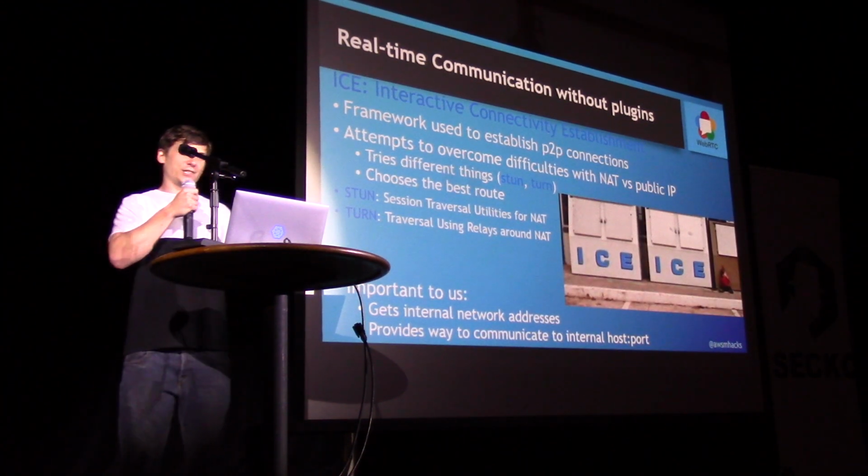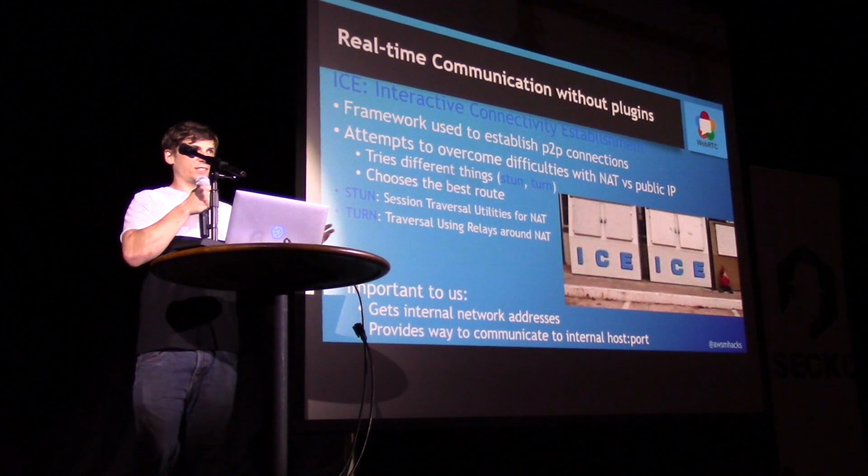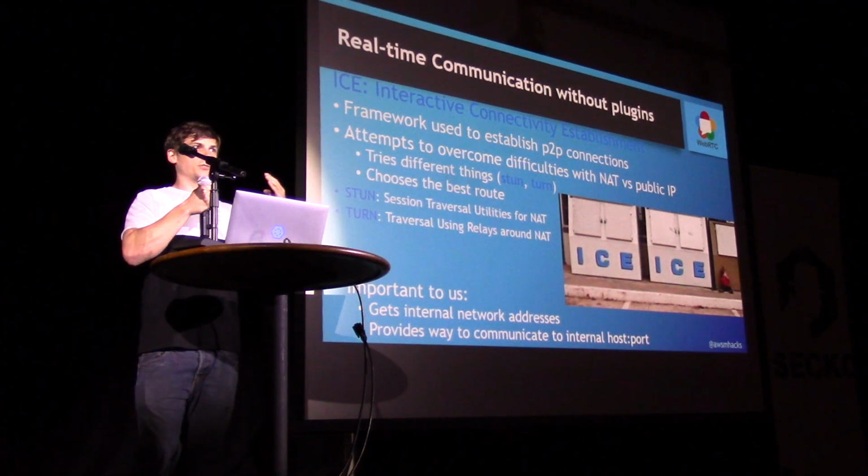ICE is the Interactive Connectivity Establishment. It's the framework used to establish peer-to-peer connections between clients on a network. The problem they had originally, and why they developed this, was that if I know your IP address, that's probably your public IP address and not your actual host computer's IP address, and so we need to get through those firewalls and actually talk to your host.